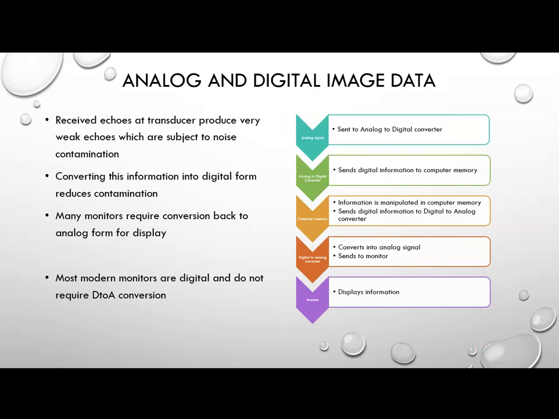Analog and digital image data. Echoes received from the transducer are inherently analog because they can be of any size, and then generally either at the transducer or farther along the system they become converted into digital form.